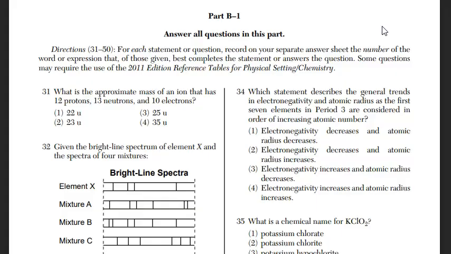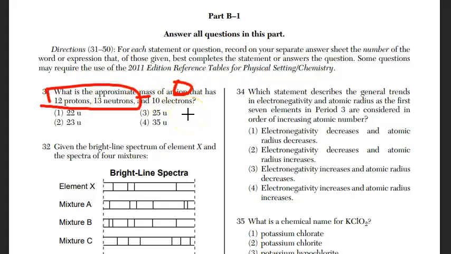All right, with that, let's check out question 31. What is the approximate mass of an ion that has 12 protons, 13 neutrons, and 10 electrons? Now, ions are your charged atoms. That means protons don't equal electrons, but the mass of any atom or ion comes from the protons plus the neutrons.